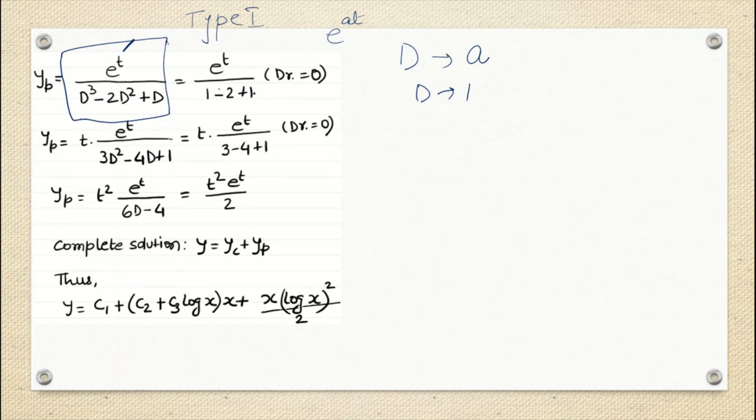Here again you find that the denominator is 0. So when my denominator is 0, what step do I have to follow? This is my previous step, and just check the denominator. Numerator will be as it is. For the denominator, you just have to find the derivative of it. So the derivative of this denominator will give you 3D square minus 4D plus 1, correct?